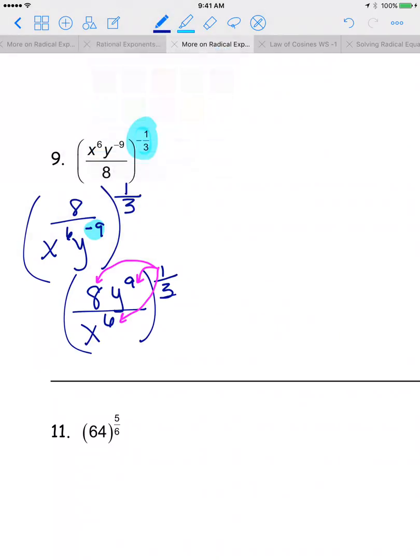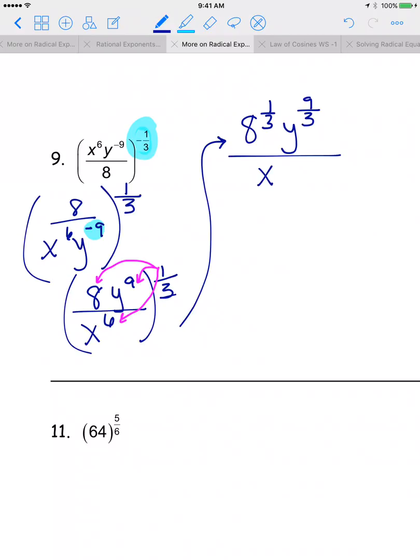So when we do that, we get 8 to the 1/3. Why? Well, what happens when we're raising an exponent to another power? We multiply them together. So you have 9 times 1/3, which is going to give you 9/3, and we'll simplify that in just a minute.